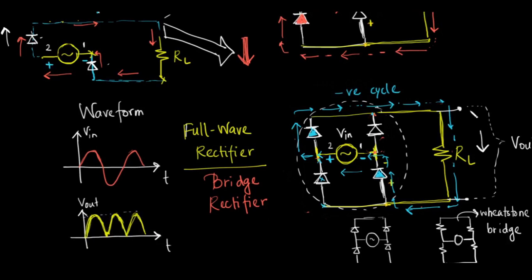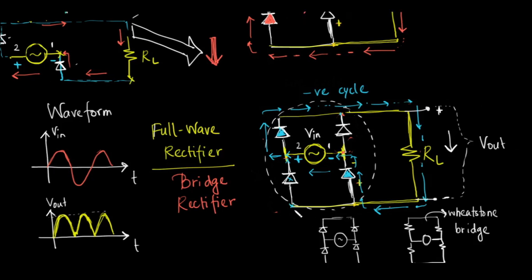If we consider this as the positive polarity of the output and this as the negative polarity, since current flows only in the downward direction, the output voltage has only a single polarity. So we are using both the negative and positive cycles of the input voltage, but converting the negative cycle to a positive polarity cycle. So this was the working of the full wave rectifier.